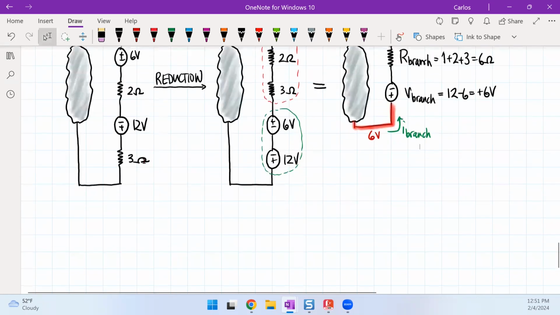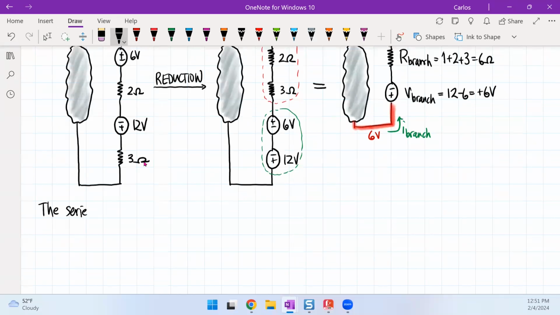So if I look at that effective source here, the series equivalent current is calculated using Ohm's law.